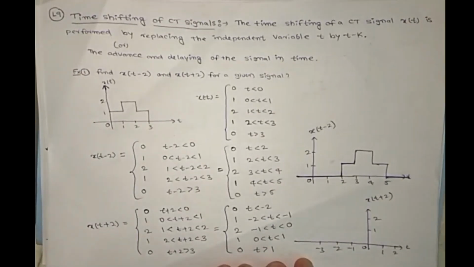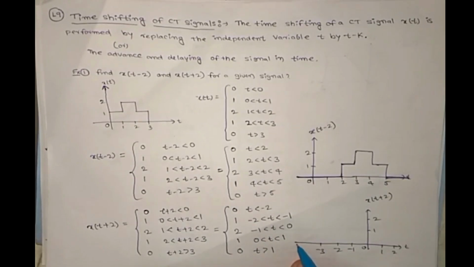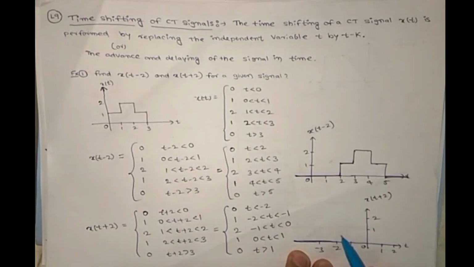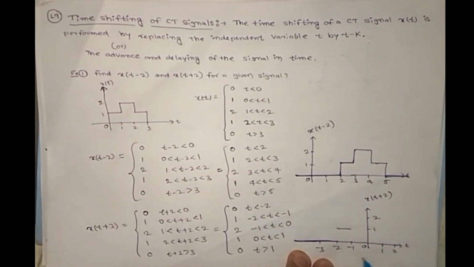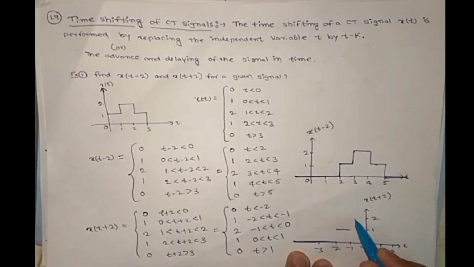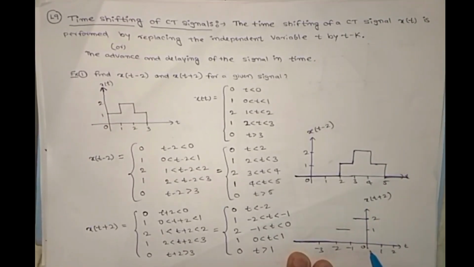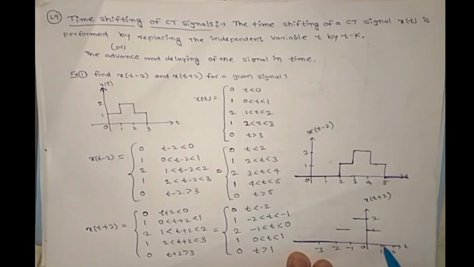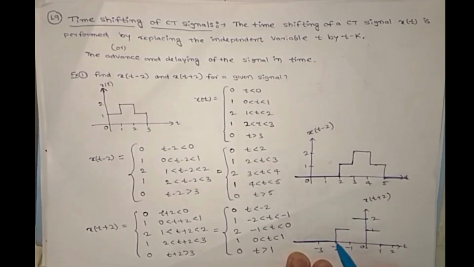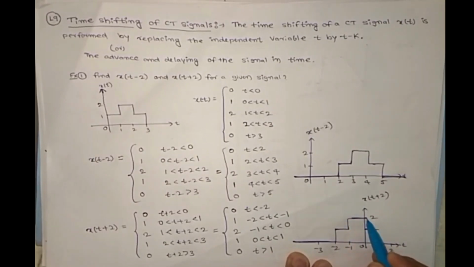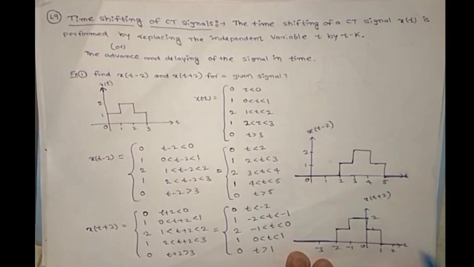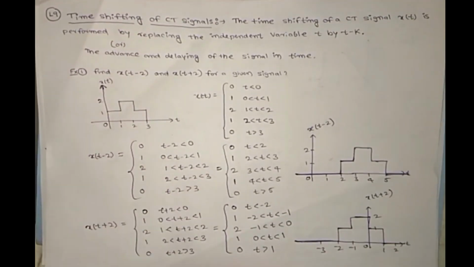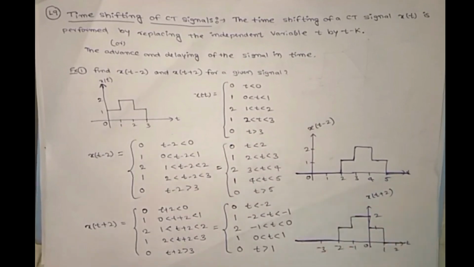Drawing it: it is 0 up to t less than minus 2, then minus 2 to minus 1 it is 1, minus 1 to 0 it is 2, 0 to 1 it is 1, and t greater than 1 is 0. I am making this a continuous signal. See, it is shifted to the left side, so it is advanced.